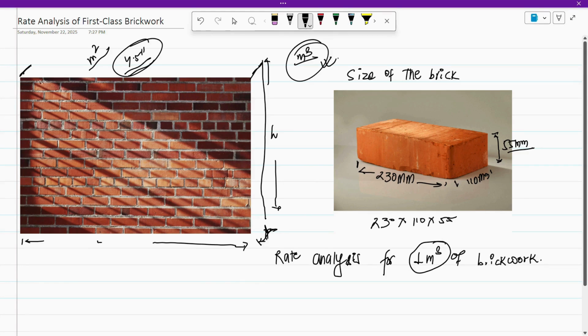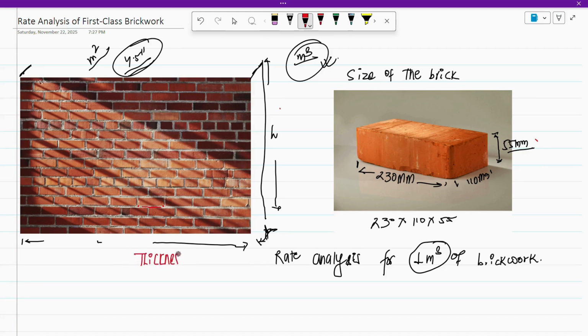And if you see the brick, from here up to here is the length of the brick. Then we have the height of the brick, 55 mm. The thickness you cannot see on this 2D image, and you see there is mortar in between the bricks. This gray thing is the mortar. It's the cement plus sand mortar.